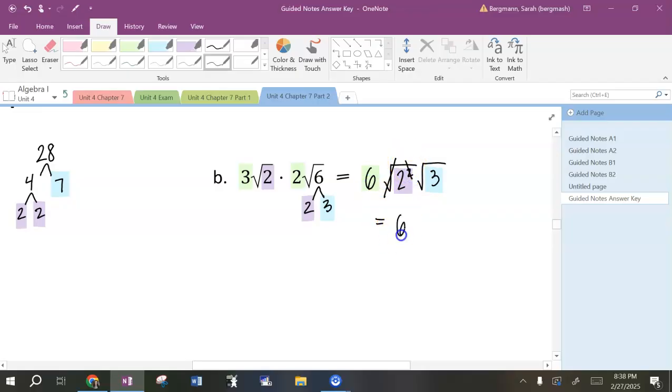So I end up with 6 times 2 times radical 3. There's nothing to cancel out the radical over the 3. So the 3, since it doesn't have a matching factor, it's not a perfect square. It has to stay under the radical. Now to get my final answer, I'm going to multiply the 6 and 2 together to make 12 and bring down my radical 3.